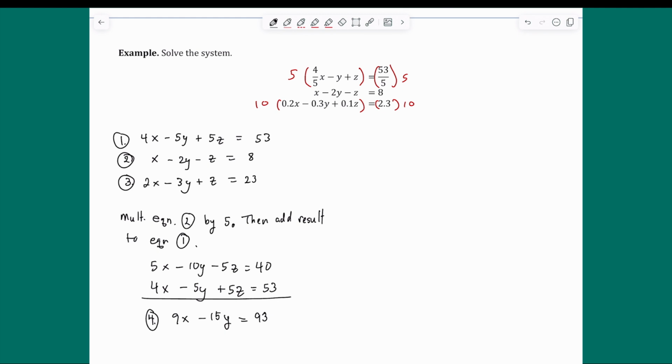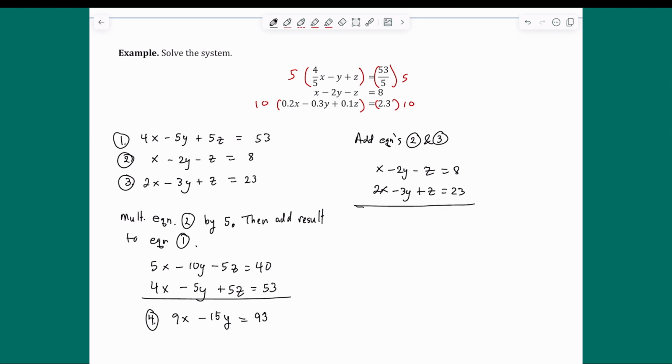All right, then I'm going to eliminate z again by taking a different pair of equations. So I'm going to take equations 2 and 3 and add the results. So we have x minus 2y minus z equals 8, and 2x minus 3y plus z equals 23.